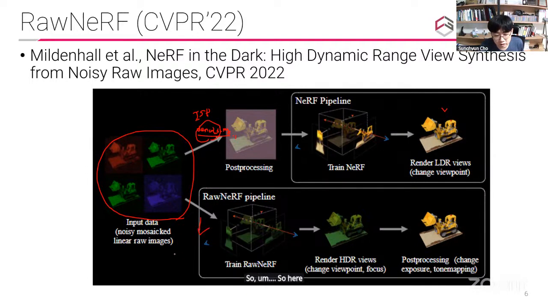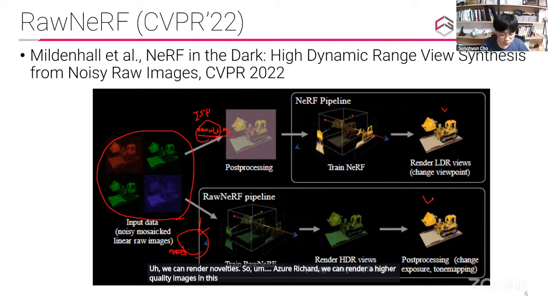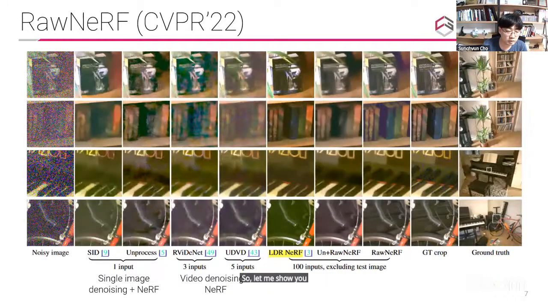It's like we are applying multi-frame image denoising. So we can more effectively remove noise, and then we can render novel views. As a result, we can render higher quality images. Let me show you some examples here.